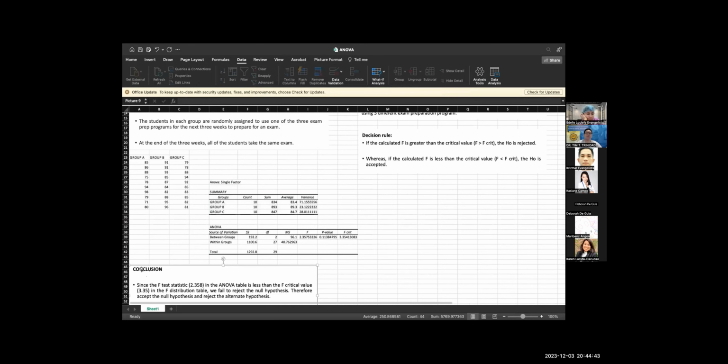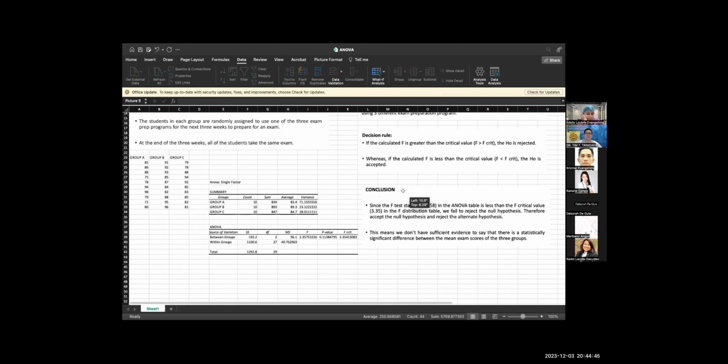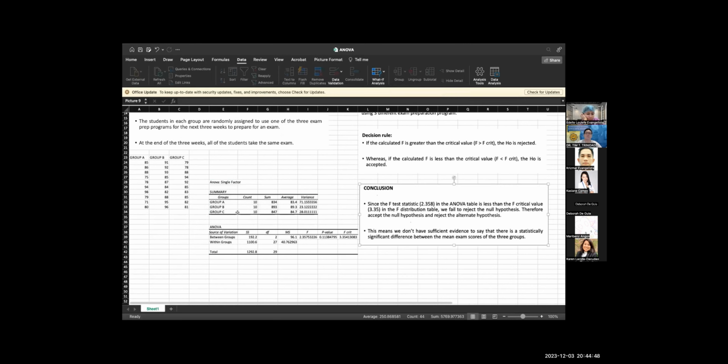So as to conclusion, since our F computed value of 2.3 in the ANOVA table is less than our F critical value in the F distribution table, the same pa rin ito if you go on longhand, but you have to get the degree of freedom, and then you refer it to the F table.